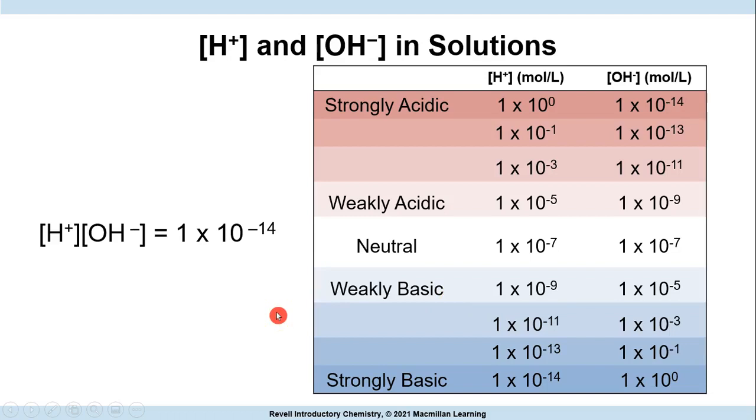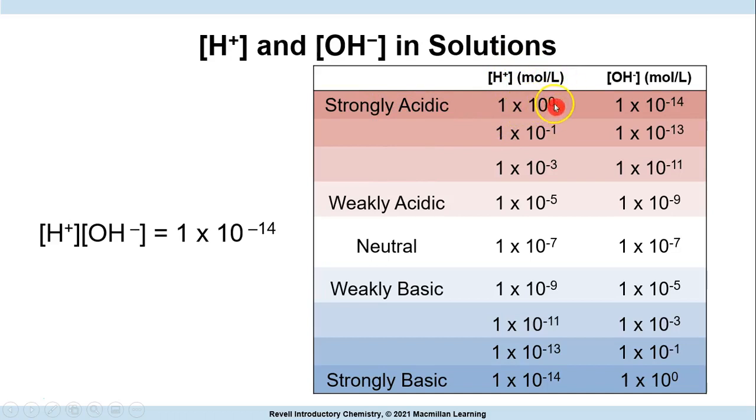Now, let's look at the hydrogen ion and hydroxide ions in solution. Remember, we've said the hydrogen ion times the hydroxide ion must always give us 10 raised to the power minus 14. So here, if we have the hydrogen ion in moles per liter, that's the concentration of 1 times 10 to the 0.